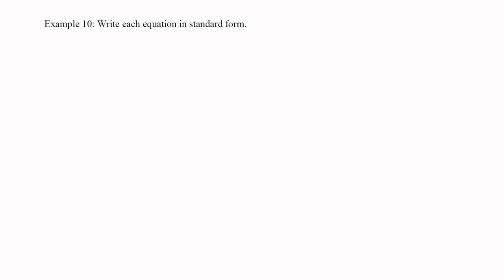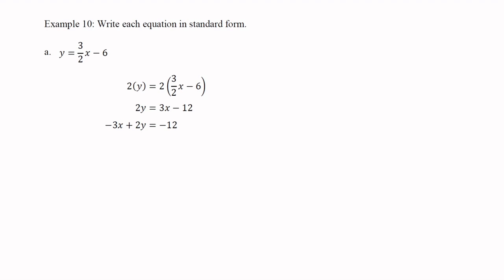So let's write equations in standard form, starting with this one, which is in slope-intercept form. So the first thing we need to do is to multiply both sides by the denominator. We have a 2 in the bottom that we want to get rid of, so everything gets multiplied by 2. That gives us 2y on the left, 3x - 12 on the right. Then we need to move our x to the other side, and it needs to go out in front.